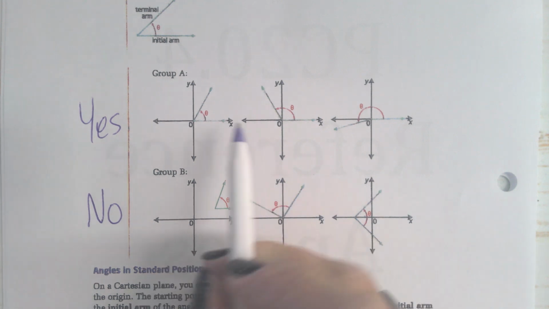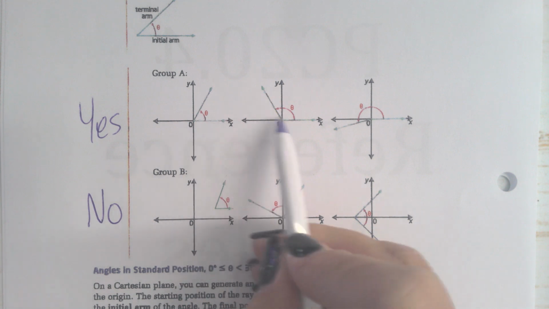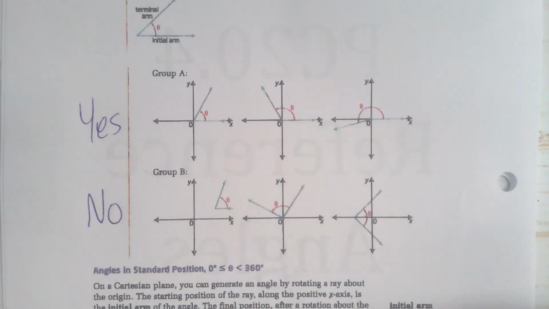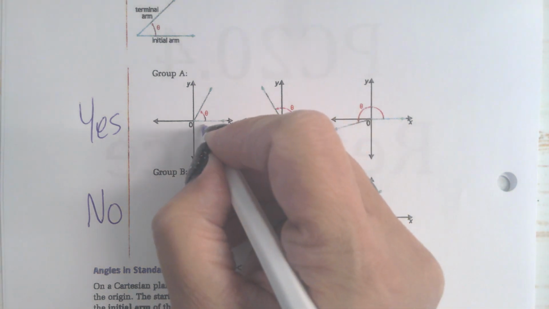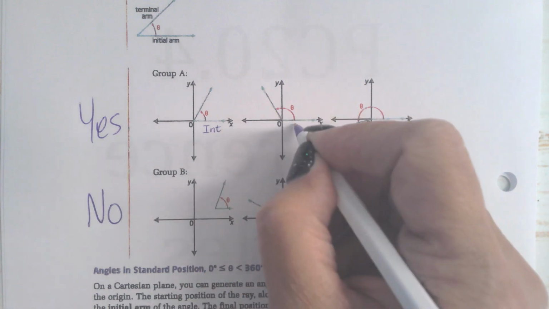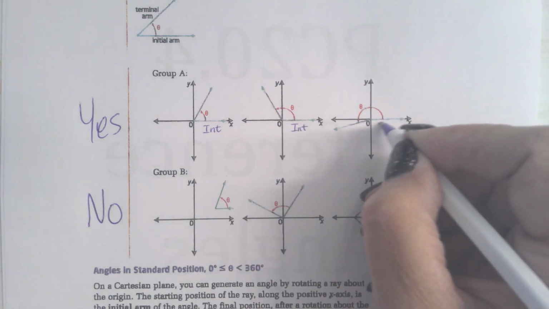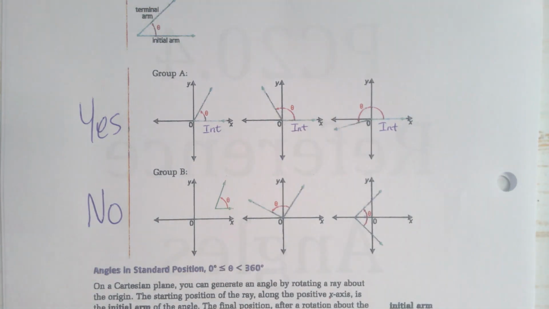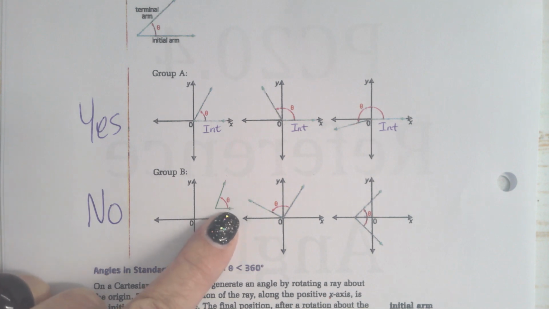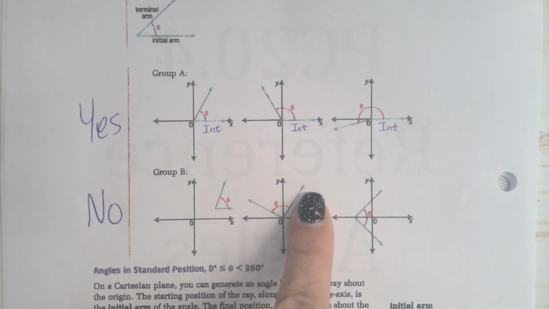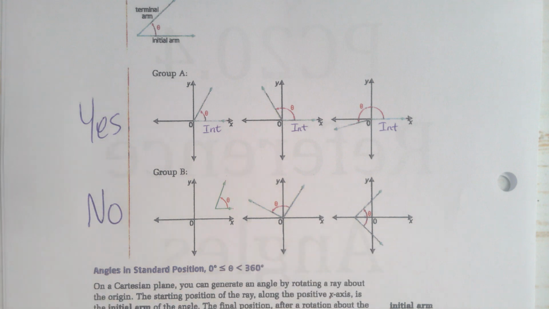You will notice that the initial arm is always on the positive x-axis. Always starts on the positive x-axis. So this right here is your initial arm. You can see that in this one the initial arm does not start on the x-axis. It starts in quadrant 1, and this one is just out in space, right? That's why they're not considered standard position angles.